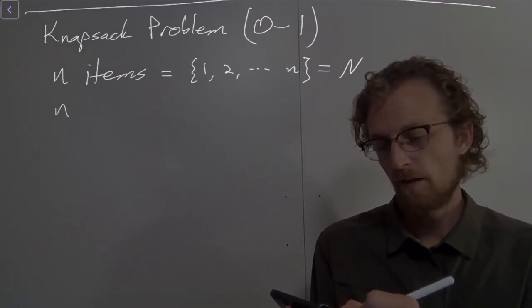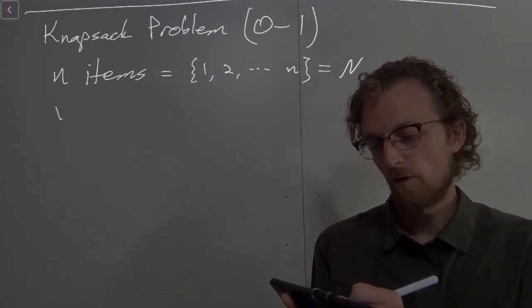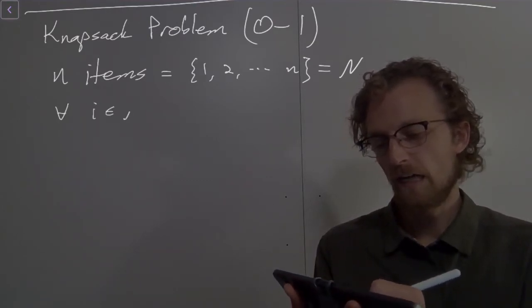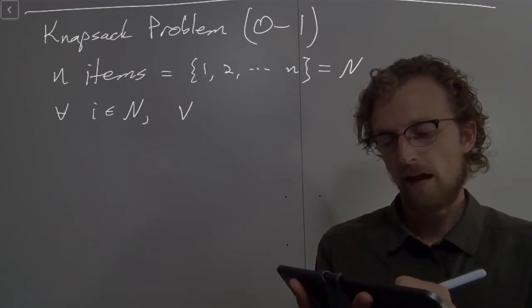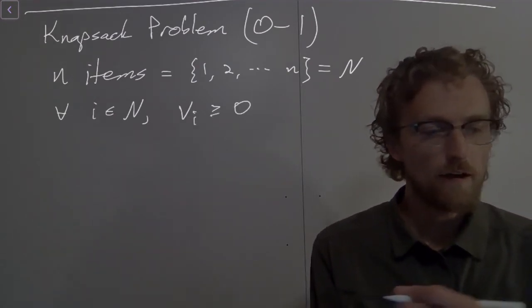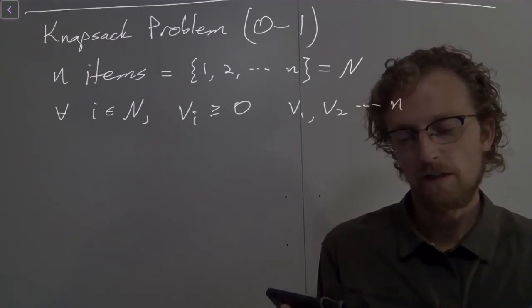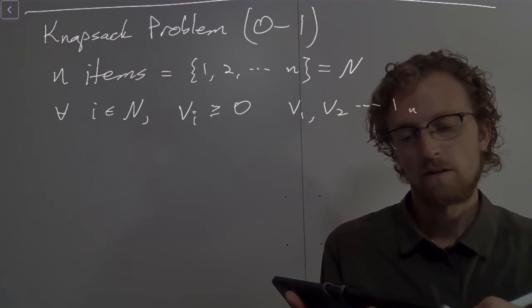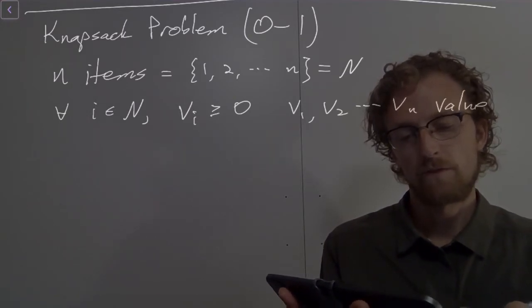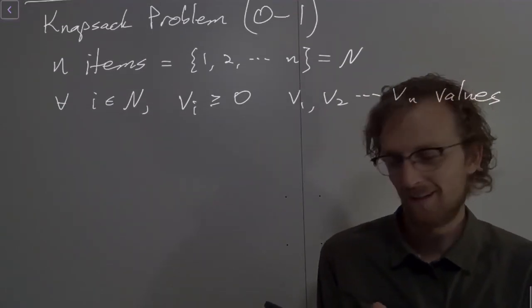For all i in my set N, I have a value vi greater than or equal to 0. So I have v1, v2, ..., vn. These are values, and this is how much the thing is worth when I'm the thief trying to steal it.